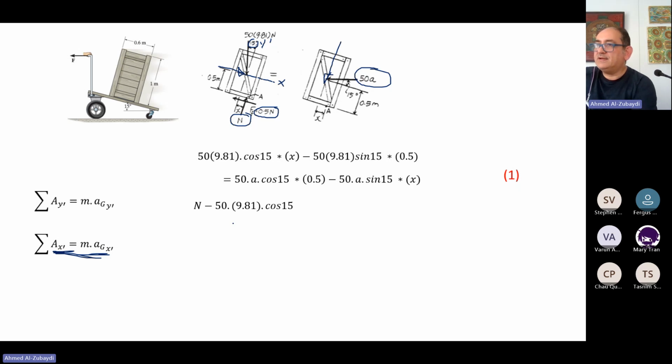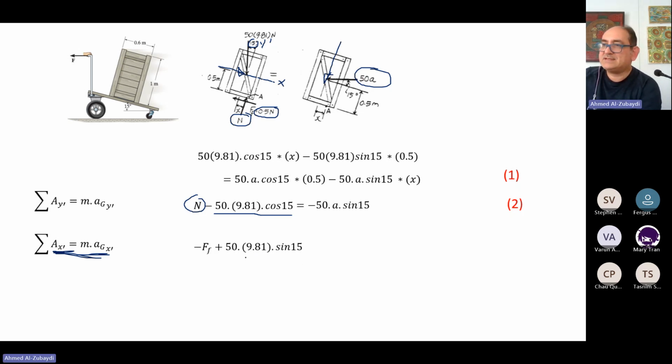So that's the equation for the y. The n is positive. The weight component in the y prime direction is negative. On the other side, we have negative of the mass multiplied by the acceleration multiplied by the sine of 15. Now, the only unknown in this equation is the n, so I can solve for that directly and find the answer.